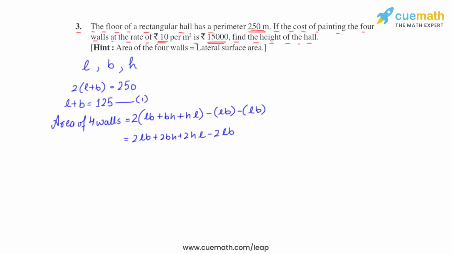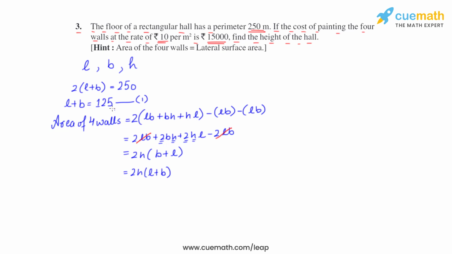You can see 2LB and minus 2LB cancel, and 2 and H are common in both terms, so we can factor out 2H, leaving B plus L, or we can also write it as 2H into L plus B.